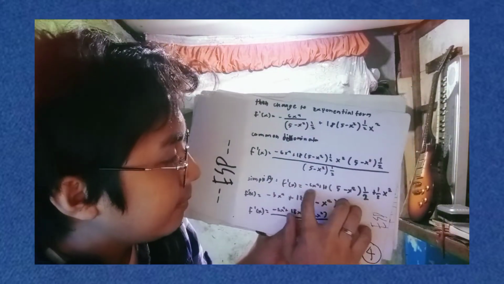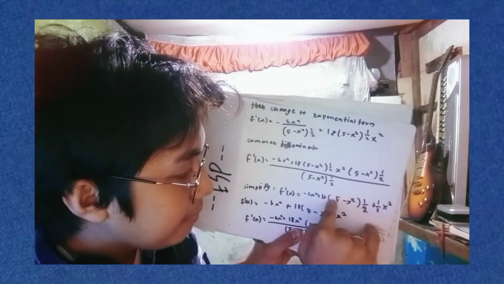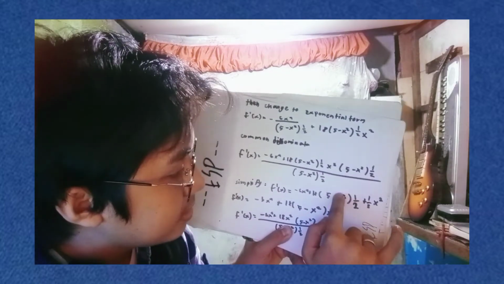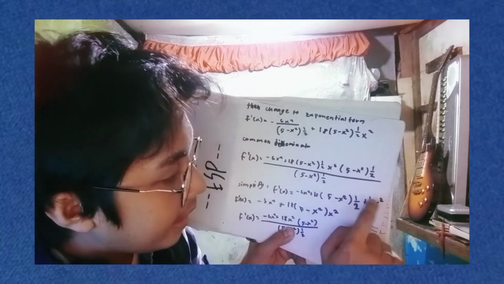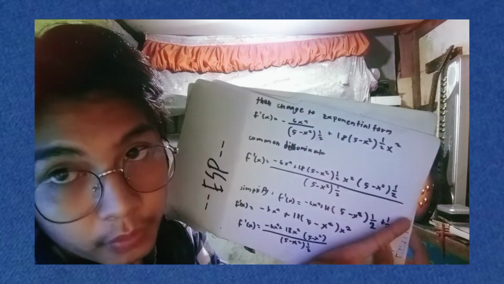Then we simplify. We'll remove this denominator. So negative 6x raised to the 4th power plus 18 times 5 minus x squared raised to 1 half plus 1 half times x squared.